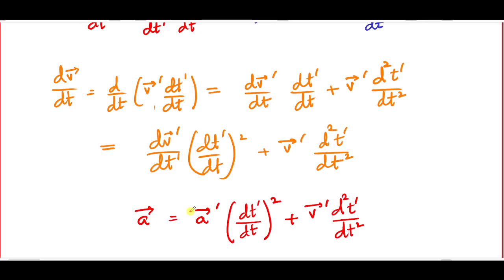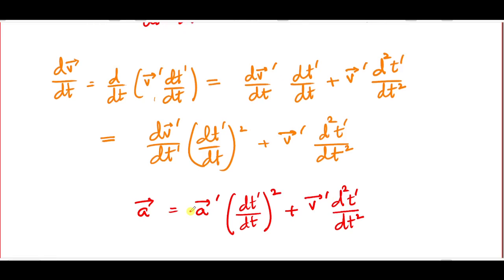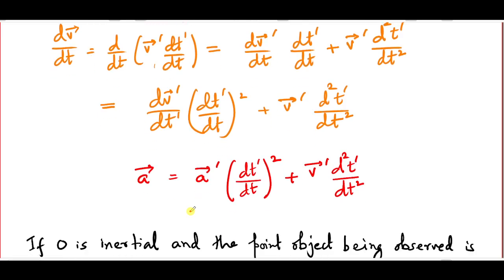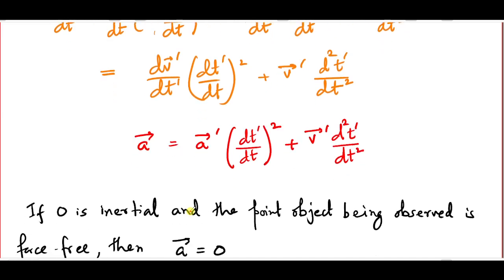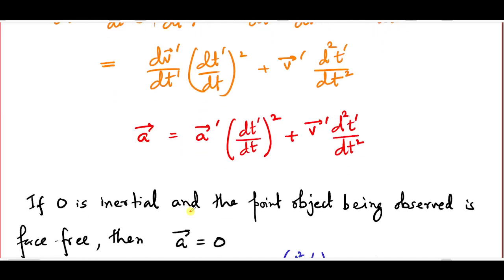Now let's specialize to the situation where the observer O is inertial. Newton's first law really works for him or her. Therefore, if the observer O is looking at a point object which is force-free, the acceleration A should turn out to be zero. That is Newton's first law.